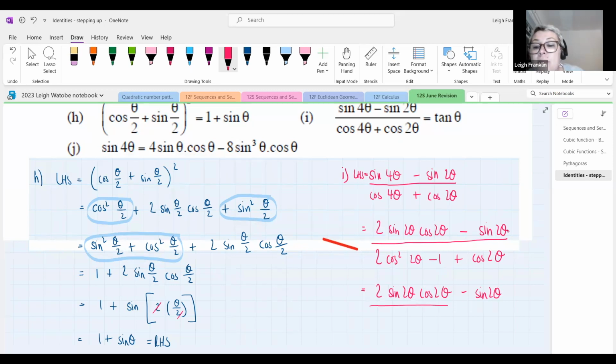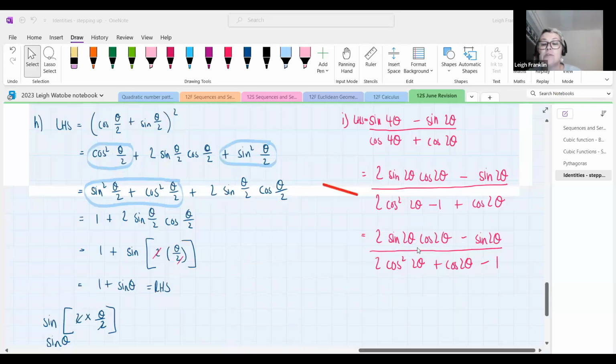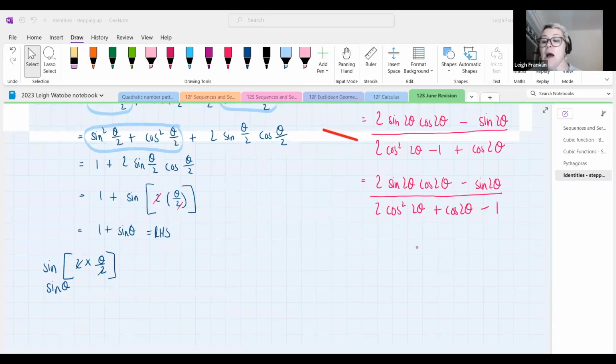And at the bottom, I'm going to leave the squared term at the front, so 2 cos squared 2 theta, put the plus cos 2 theta in the middle, and the minus 1 at the back. So at the top, we are going to take out sine 2 theta as the highest common factor.